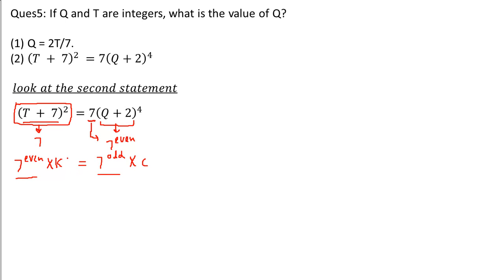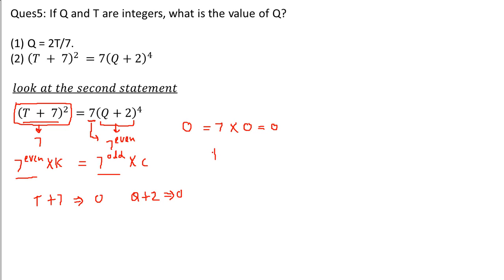But only one case lies in which these two numbers are going to be equal, and that case is when t plus 7 becomes 0 and q plus 2 also becomes 0. Then (t plus 7) to the power 2 turns out to be 0, and 7 multiplied by (q plus 2) to the power 4, that is 7 multiplied by 0, turns out to be 0.